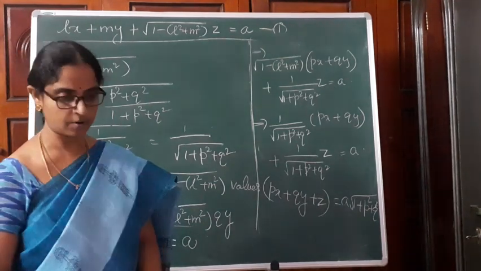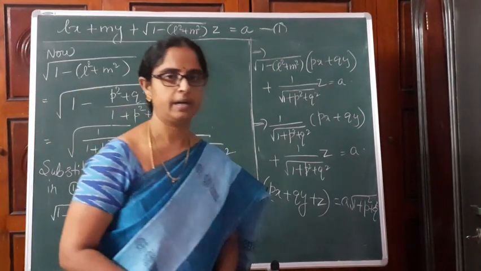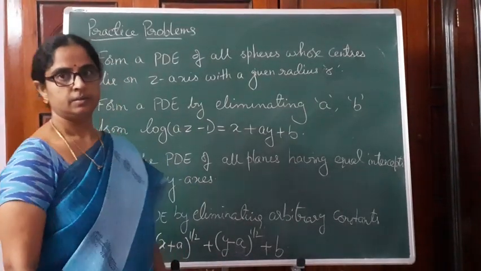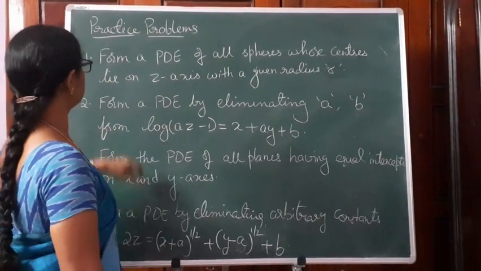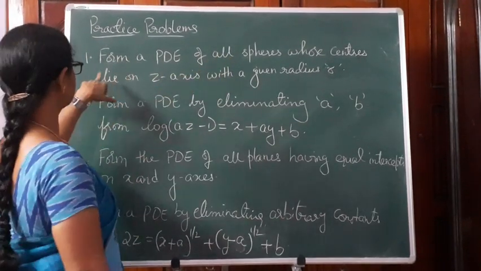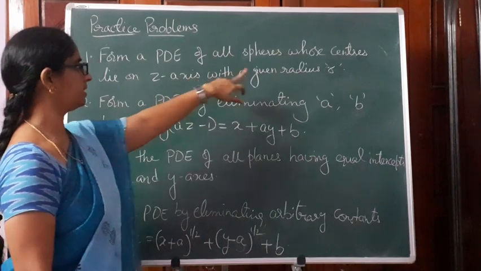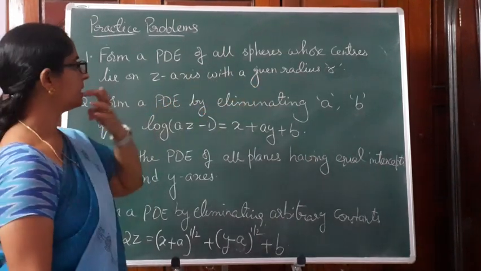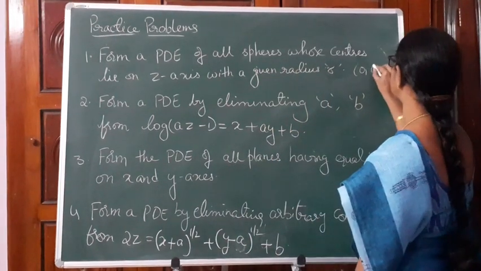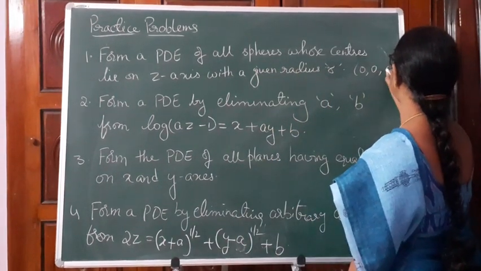I'll give some practice problems to you. Note it down and practice those problems. So these are the practice problems. First one is form a partial differential equation of all spheres whose centers lie on z-axis with a radius r. Centers on z-axis, that means center is of the form 0, 0, a.